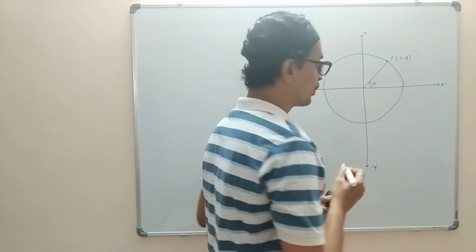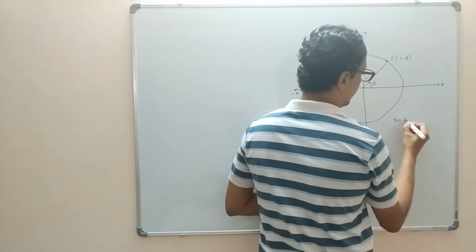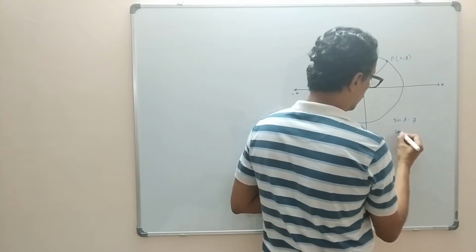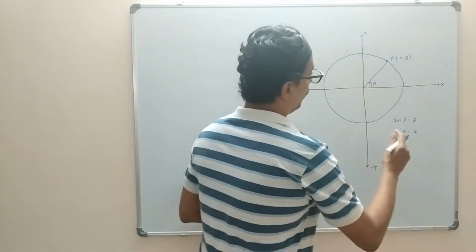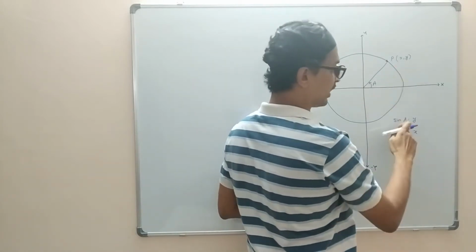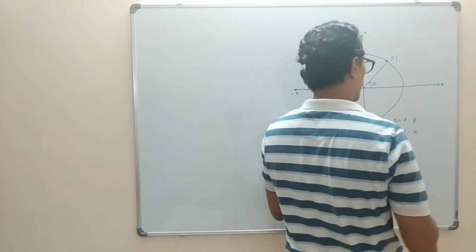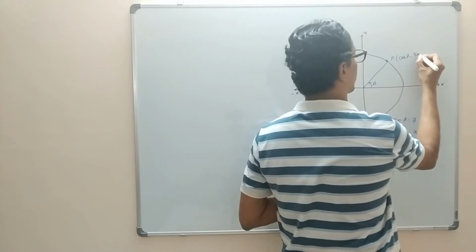Now given this angle, we know sin A equals y because r equals 1, and cos A is equal to x. So in place of x, I can write cos A, and in place of y, I can write sin A. So this point is cos A comma sin A.